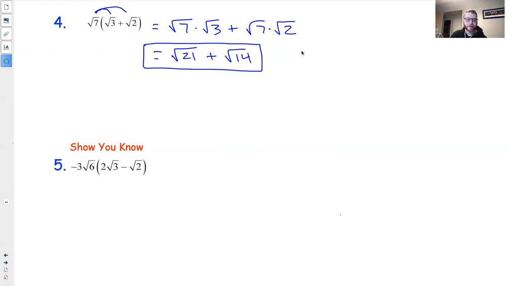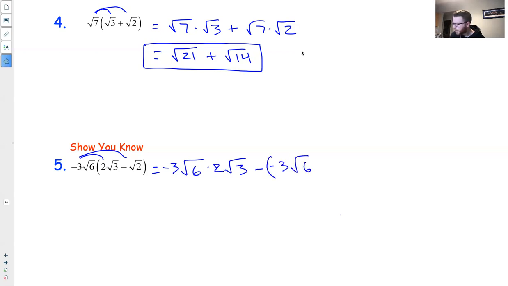Okay, so same thing. We have a negative 3 root 6 outside of the brackets to be distributed to 2 root 3 minus root 2. So again, we will multiply that in one term at a time. That will give us negative 3 root 6 multiplied by 2 root 3 minus negative 3 root 6.